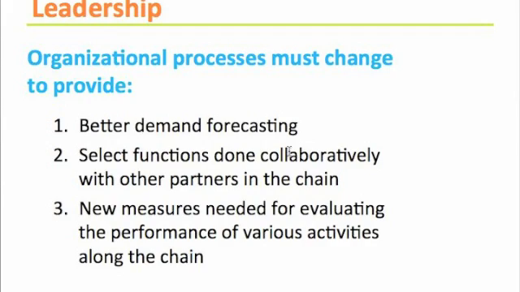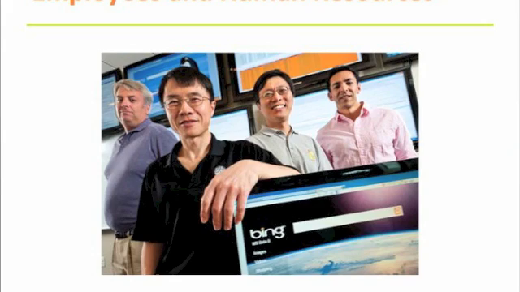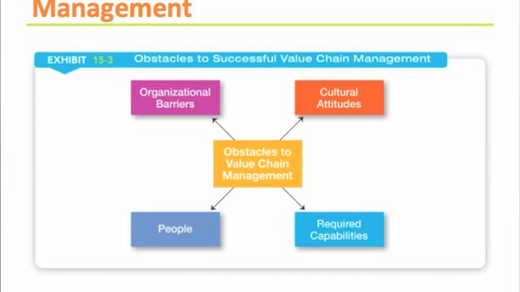Process change and process improvement is another area where we see manifestations of this in outsourcing. Very, very powerful movement. Human resources, the best people that we can afford to get our jobs done. And people are part of this value chain proposition.